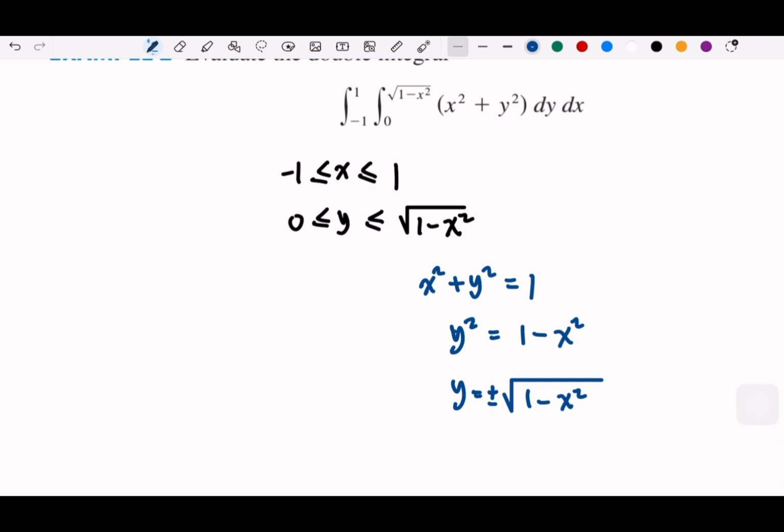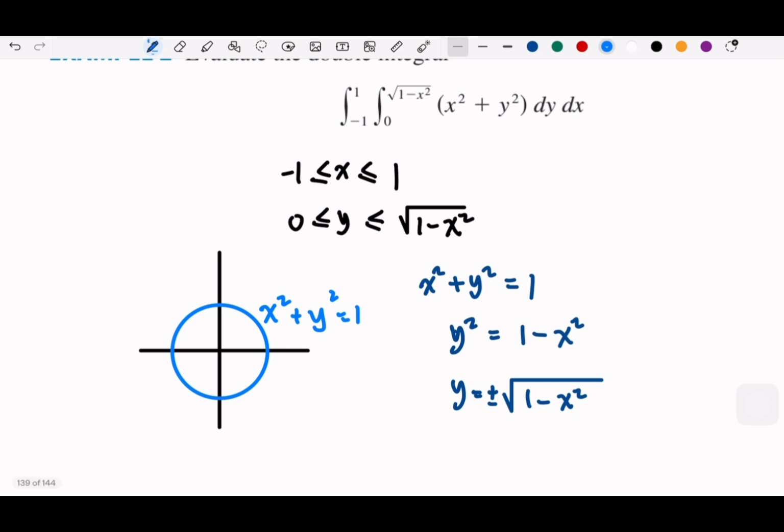So if you have a circle, you only take the positive part. If we take here a circle, let me just describe a circle here. Let's say this is a circle, x squared plus y squared equals 1.